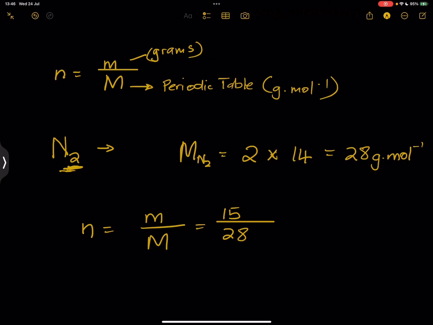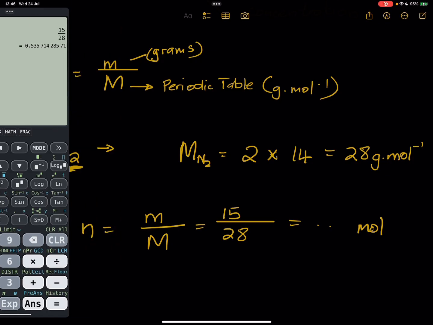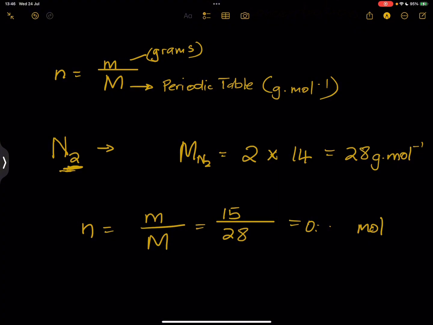So that would say 15 divided by 28, and we'll get whatever answer in moles. If you want us to calculate it, then that's 15 divided by 28, and I get 0.54 if we round it off to 2 decimal places. So that's 0.54 moles of nitrogen that you would get.